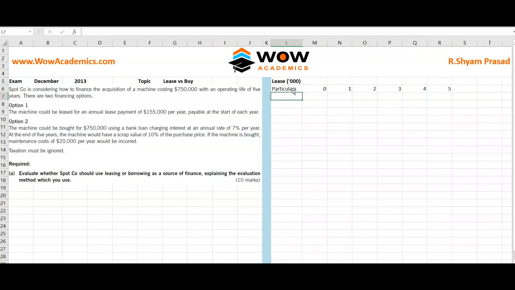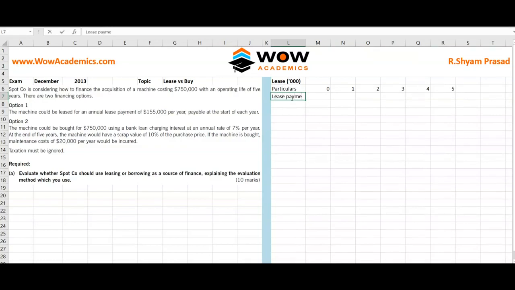So we'll have some items to type inside. So something like a lease payment. So we'll have only one single cash flow. So the sum is not giving taxation. So in option 2 below you see taxation must be ignored. So there's no taxation.